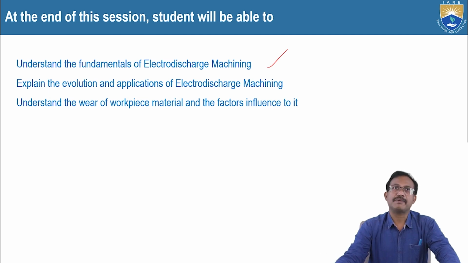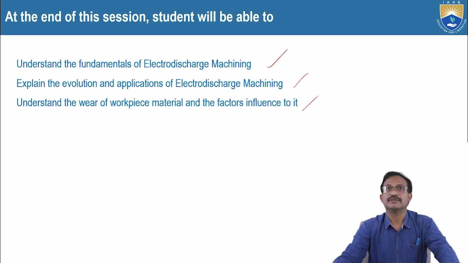Second one, explain the evolution and applications of electrodischarge machining. Third one, understand the wear of workpiece material and the factors influencing it. These three are the course learning outcomes of today's topic.